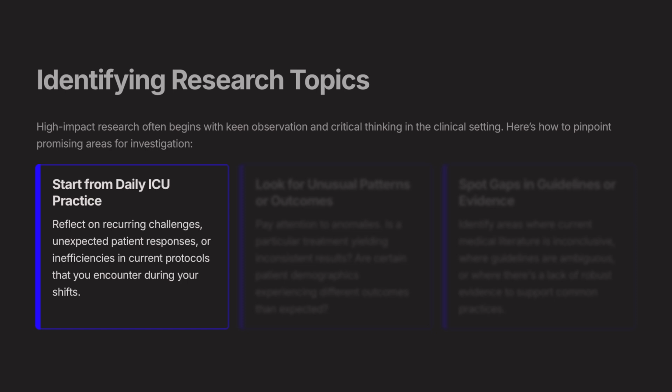See what things are challenging you, what unexpected patient responses you have seen, what current protocols look to be inefficient. This is something you will encounter day in and day out. So you have to reflect on these challenges and inefficiencies and try to make some intervention to overcome them.